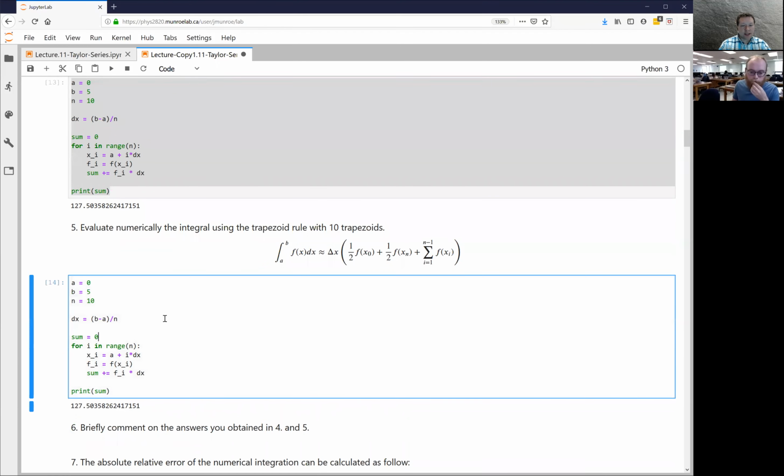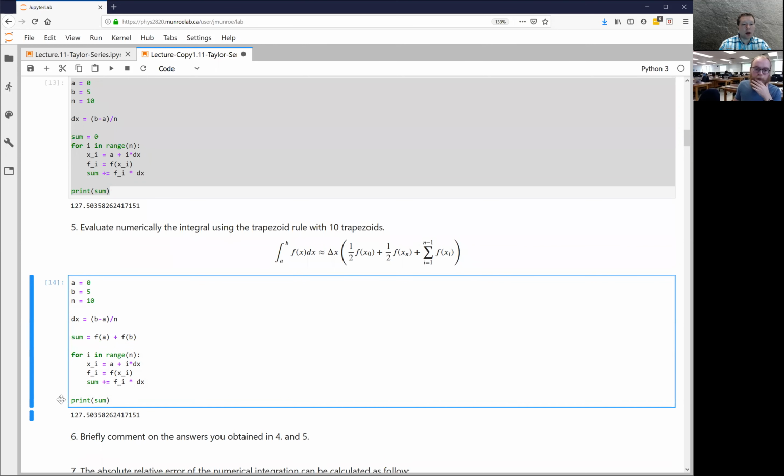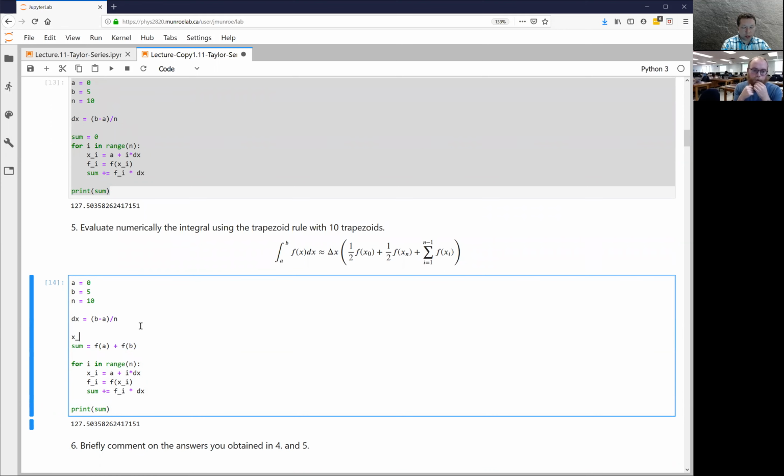The detail now is the sum doesn't start off at 0. It starts off by evaluating f at a and f at b. So in terms of what x0 and xn are, they are the points all the way through. If you want, you could think about this as x0 is equal to a plus 0 times dx.